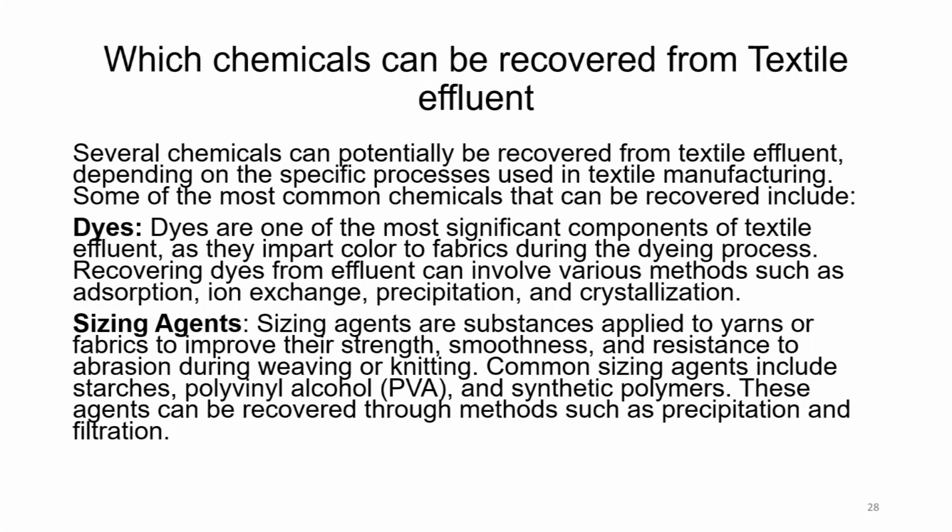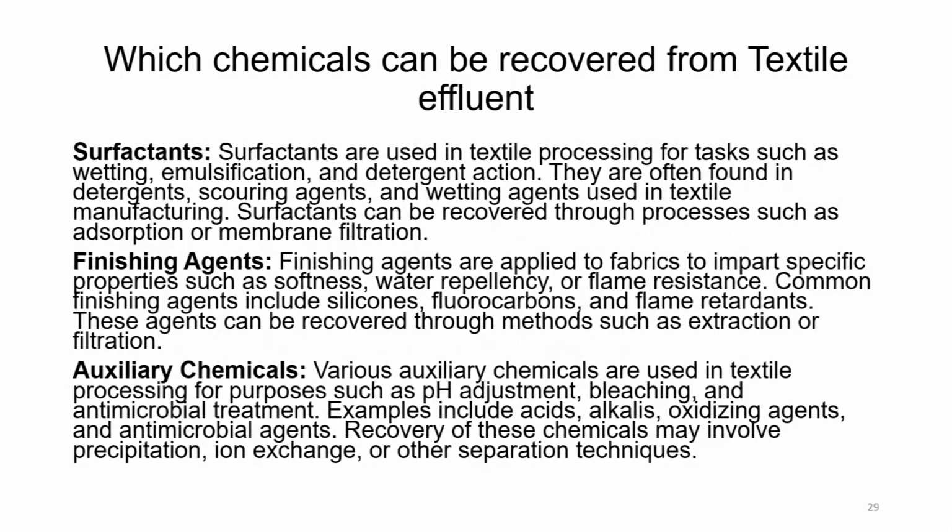These agents can be recovered through methods such as precipitation and filtration. Surfactants are used in textile processing for tasks such as wetting, emulsification and detergent action, and they can also be recovered through adsorption or membrane filtration.